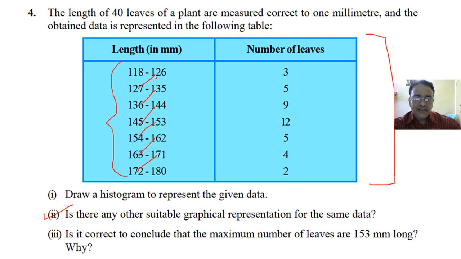Then why are you saying yes? So this is not continuous. Continuous means the upper limit of any class will be the same as the lower limit of the next class.